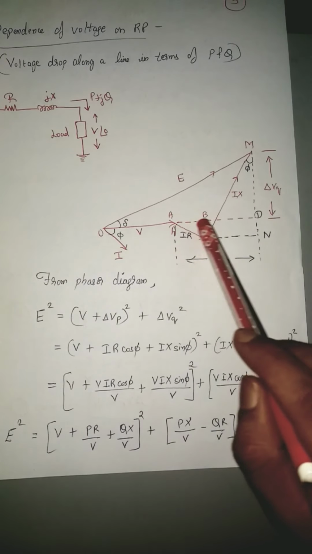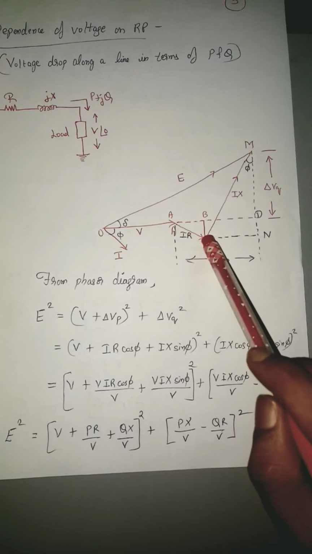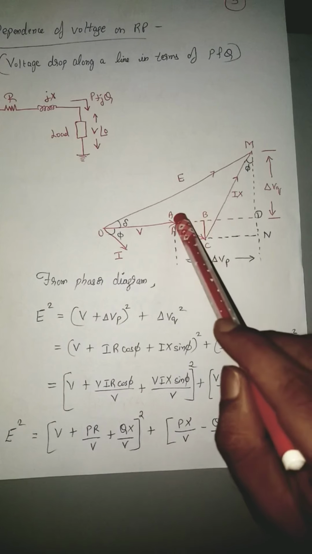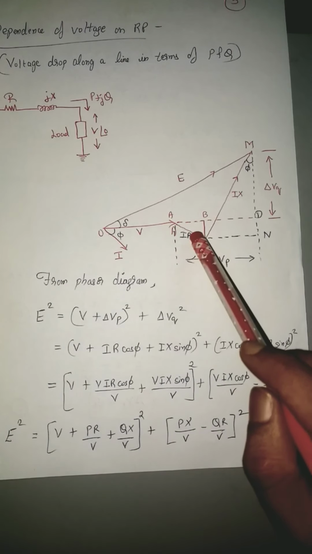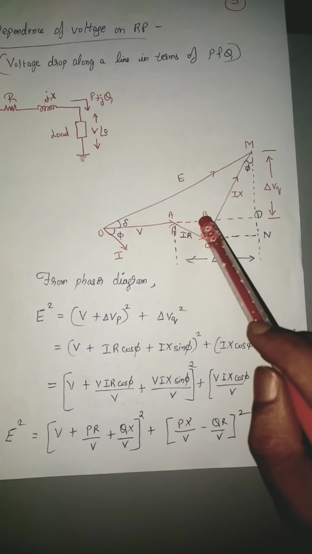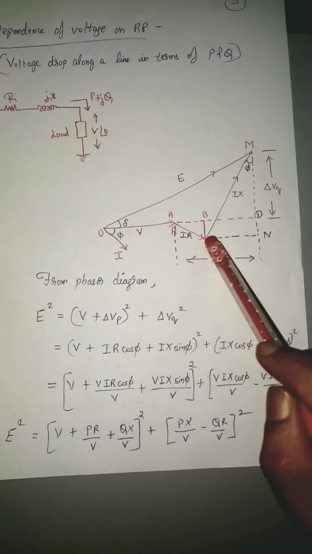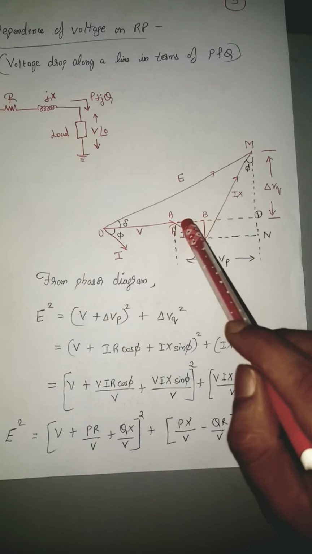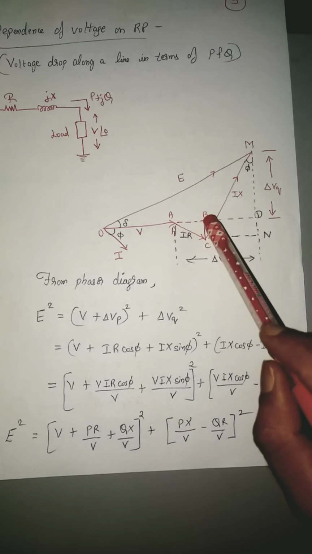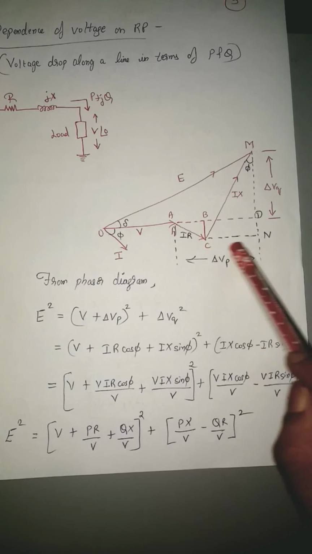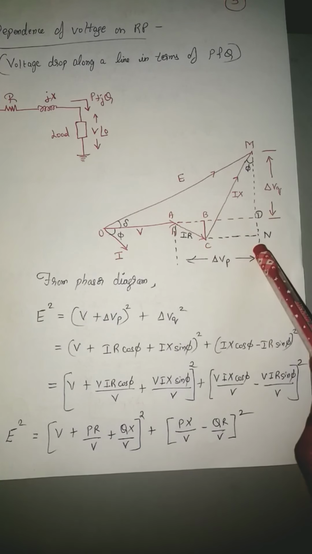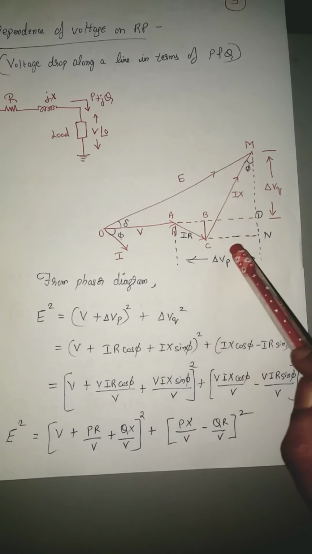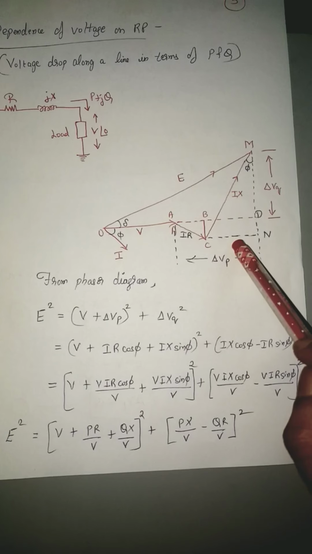AB can be called IR cos phi. See here, this angle basically will be phi. So this will be the adjacent and this is the hypotenuse. AB is the cos component of this triangle, so this becomes IR cos phi. Similarly, BD is the same as CN, and CN happens to be the sine component of this triangle. So this will be IX sin phi.